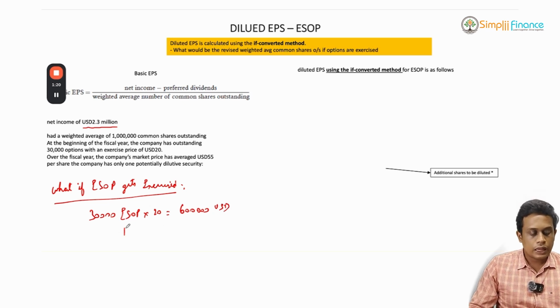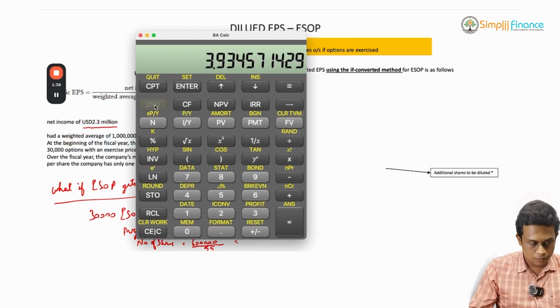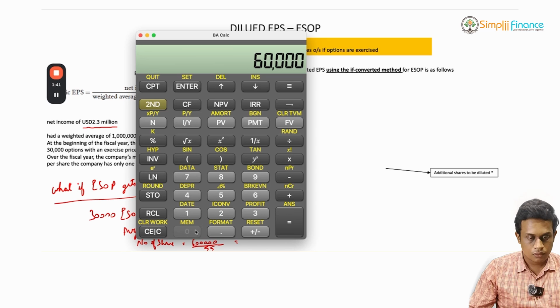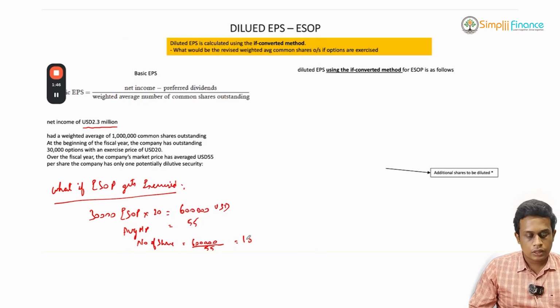Now the average market price is 55, so the number of shares which can be bought at this rate will be 600,000 divided by 55. That comes to 10,909 shares.